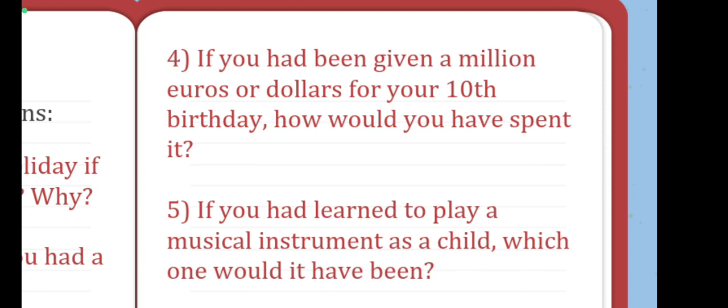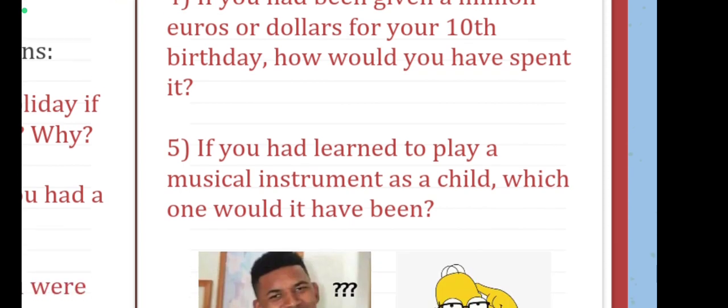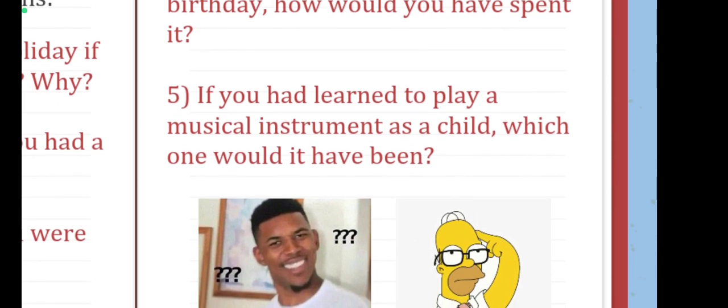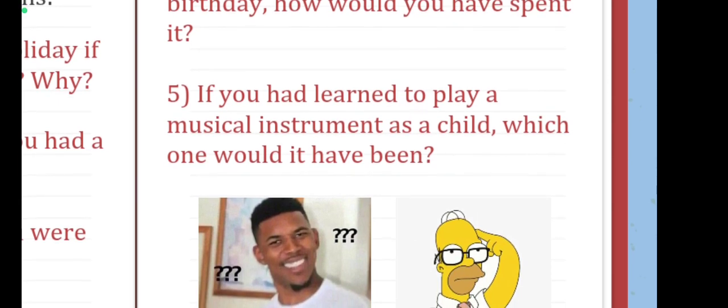Well, if you had learned to play a musical instrument as a child, which one would it have been? Well, I think the violin. I love that instrument because it's really interesting.